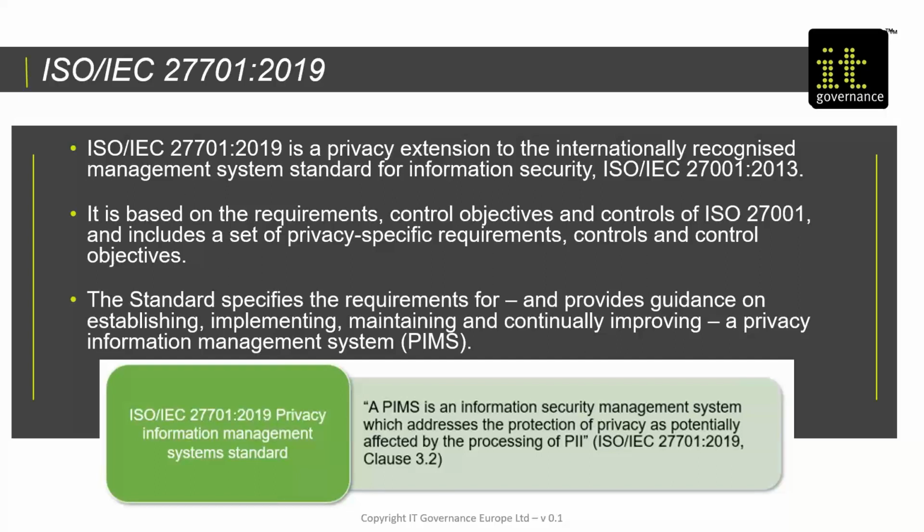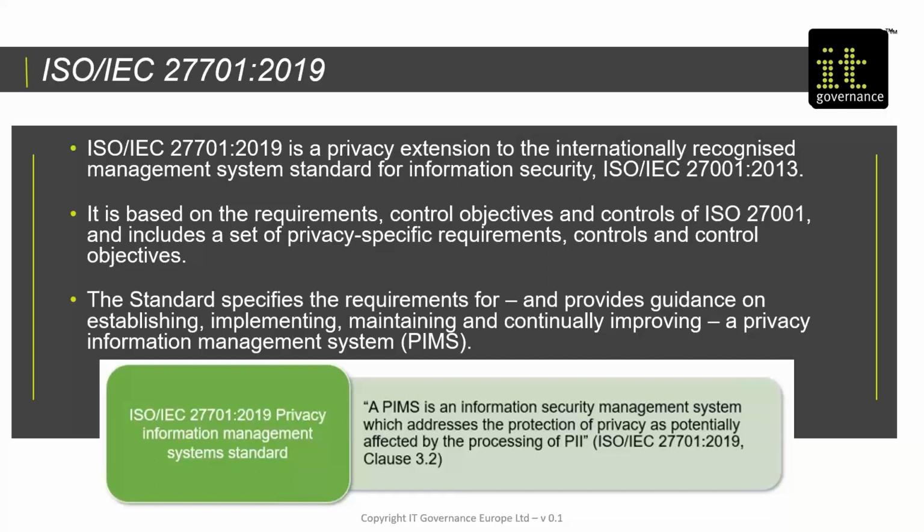The standard was developed by an ISO technical committee with input from around 49 national standards bodies, 29 observers and around 25 external liaison bodies, including the European Data Protection Board. It is a privacy extension to the ISMS standard, and this is important to note.